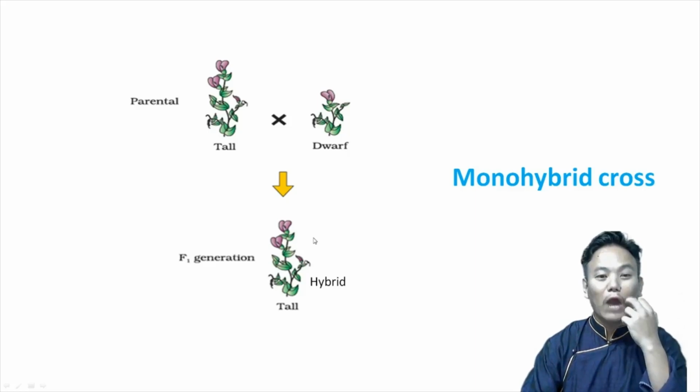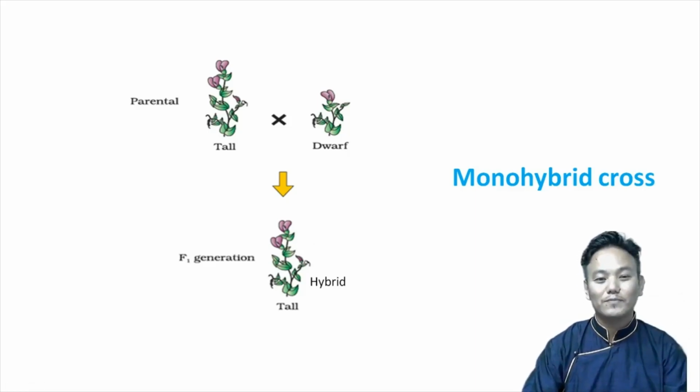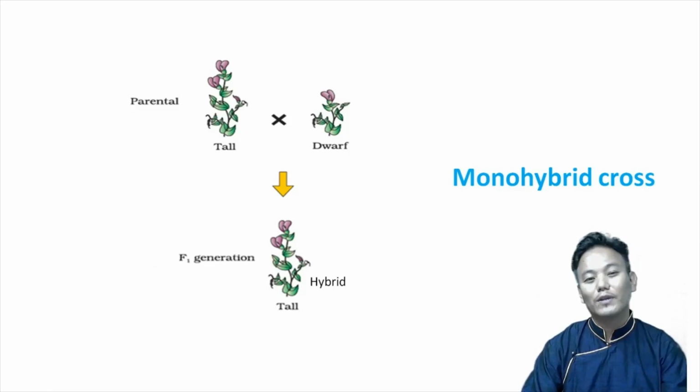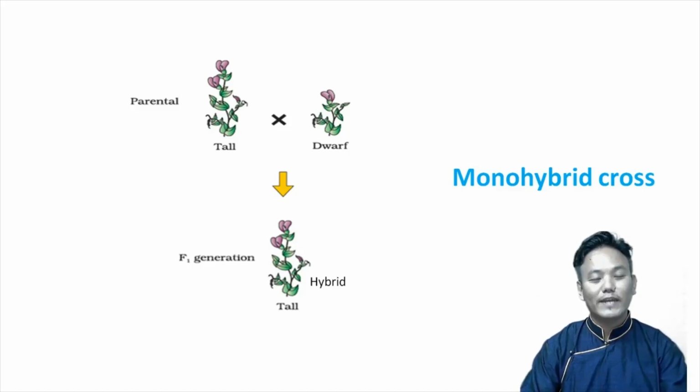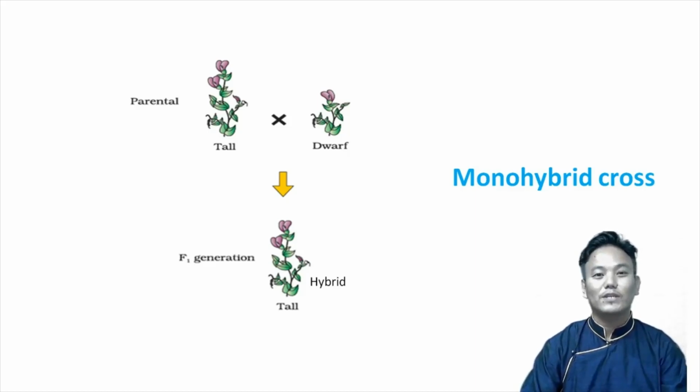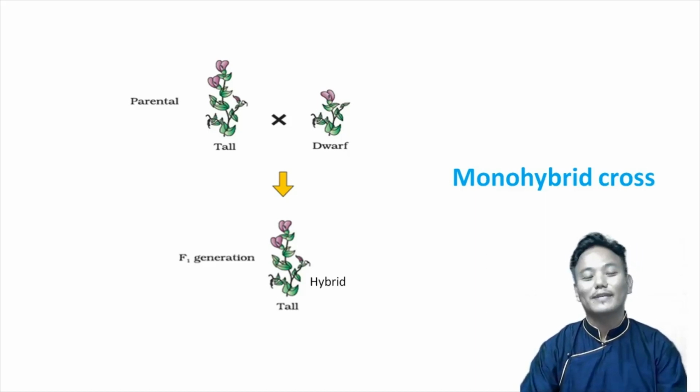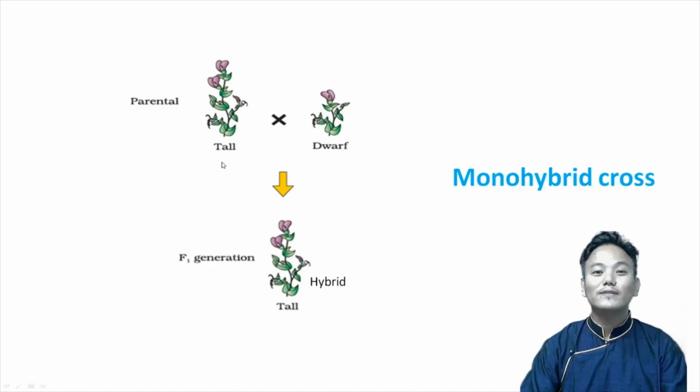So how did Mendel go about explaining this particular result of his monohybrid cross? What he said was, each character is controlled by a discrete unit called a factor, and these factors occur in pairs in an individual. So in an individual, there is a pair of factors which controls the character. We can represent these factors in the form of letters.